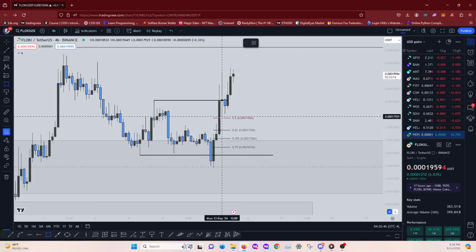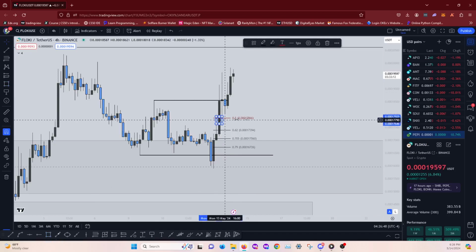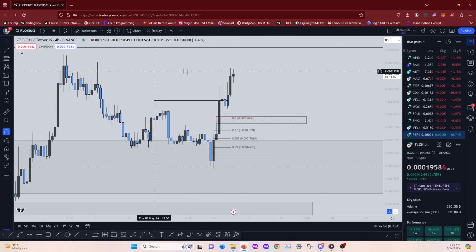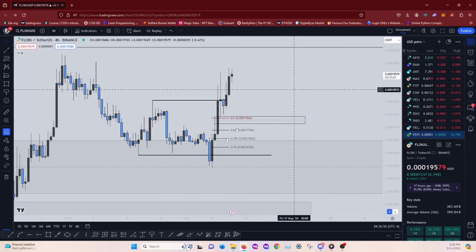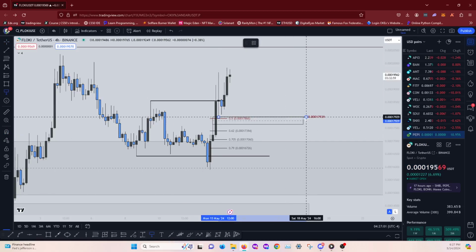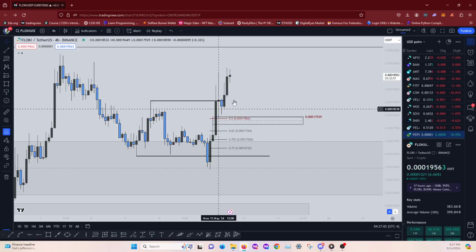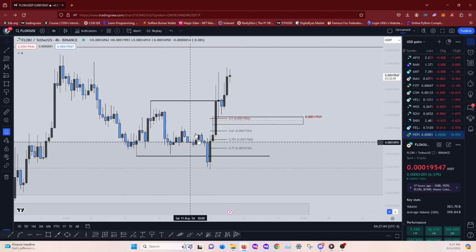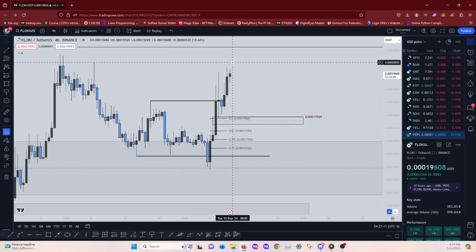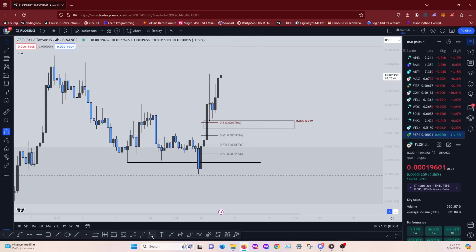You can see this fair value gap lines up just below range equilibrium, so you could use that as an initial entry point. And this fair value gap's significant because what did we get? We got consolidation, sell side sweep, manipulation, continuation, turtle soup.